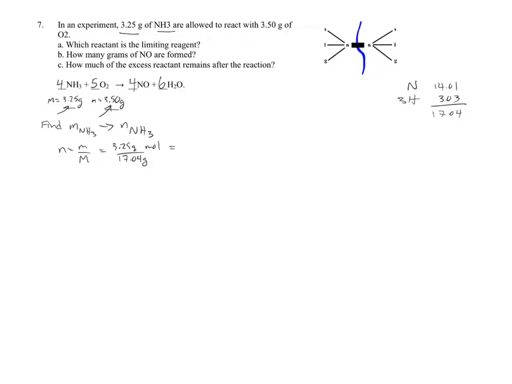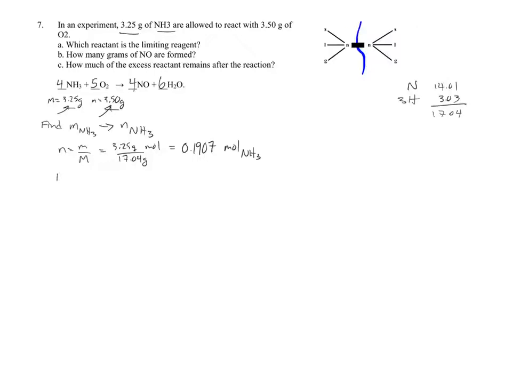Okay, calculator. I need to go 3.25 divided by 17.04. That gives me 0.1907, etc., moles of ammonia. So that's how many moles I have of ammonia. Now let's figure out, if I had that, how many moles of oxygen I would need.